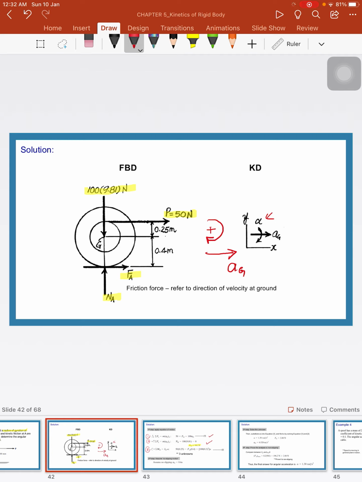The moment is 50 times 0.25, positive because P is rotating clockwise, and the other force is FA. FA is rotating counterclockwise, so it will be negative FA times 0.4.